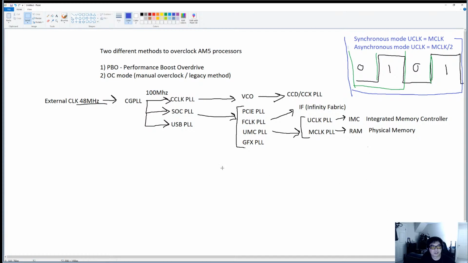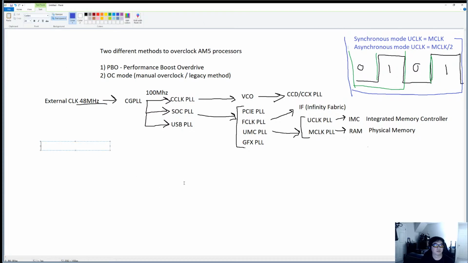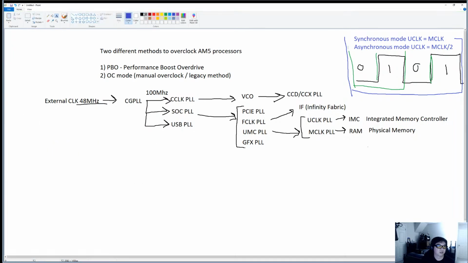So PBO. There's a couple of things here. There is the new Precision Boost Overdrive, or PBO 2. I guess I should have put a 2 here. But there are a couple of terms that we need to be familiar with.